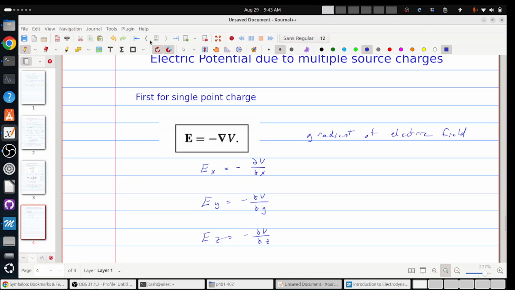And graphically, when we had done this, if I have a potential function that looked like this, then at any point along there, there's a slope.